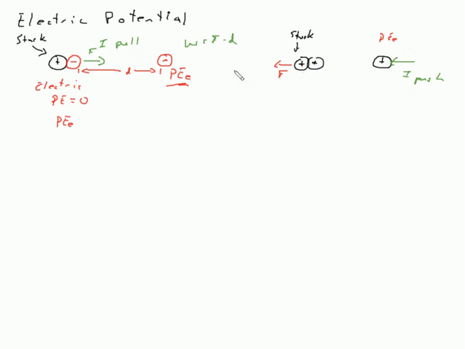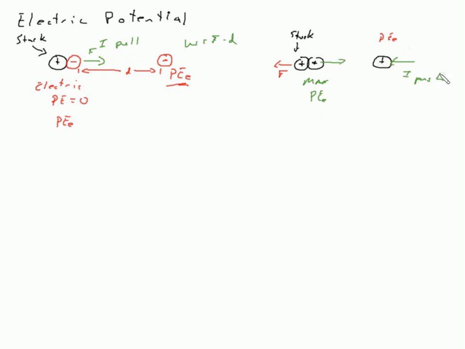Again, we've applied a force over a distance. In this case, you have the maximum electric potential energy you're going to get, because you've got them as close together as you can. As soon as you let go of it, this positive charge is going to take off again, so it has that potential in that case.